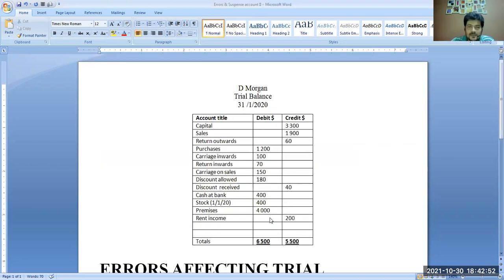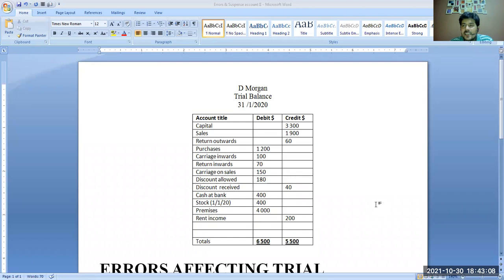See, why can they be discovered easily by the accountant? See the totals.